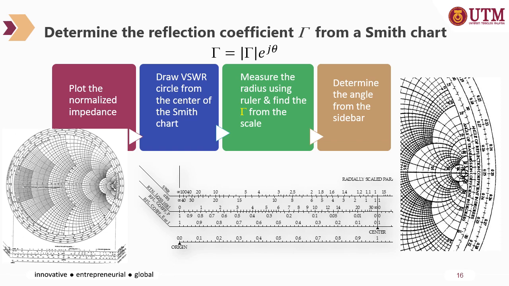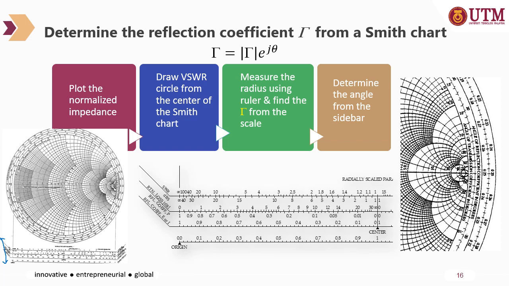Okay, next we are going to look at how to determine the reflection coefficient from a Smith chart. In order to get the reflection coefficient, you need to use the scale included at the bottom of the Smith chart, underneath the Smith chart, where there are a few parameter scales.